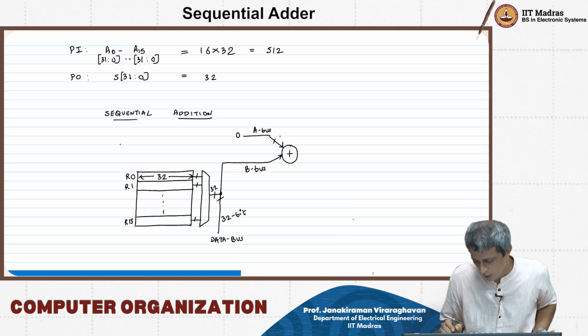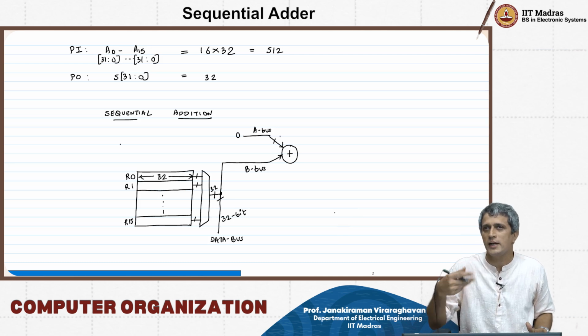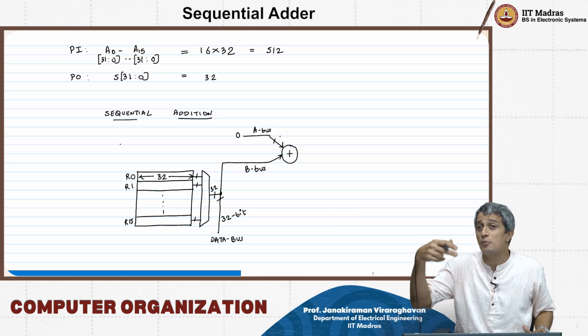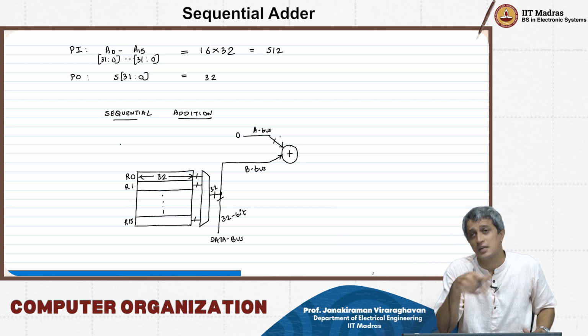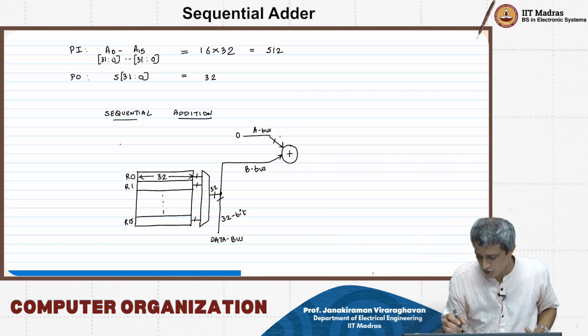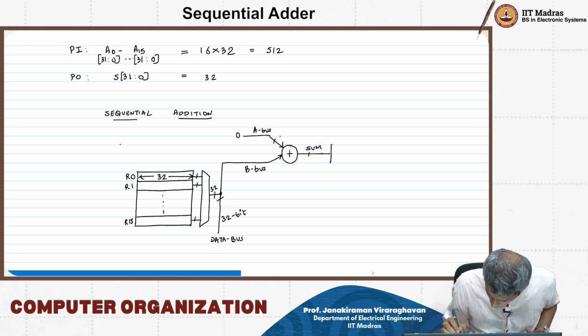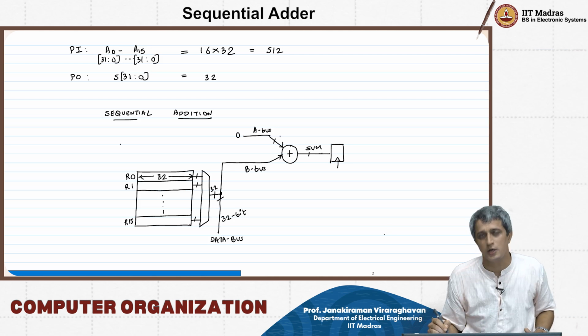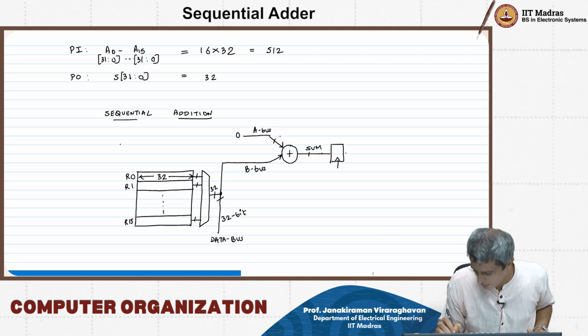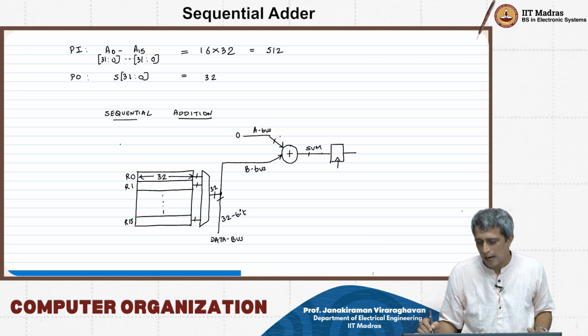So that's not useful. Therefore, I need to find a way to feed the previous sum, the partial sum, back as the input to this A input of the adder. I am going to call this the sum bus, and I am going to put a bunch of flip-flops here, again 32 flip-flops, that is a register.